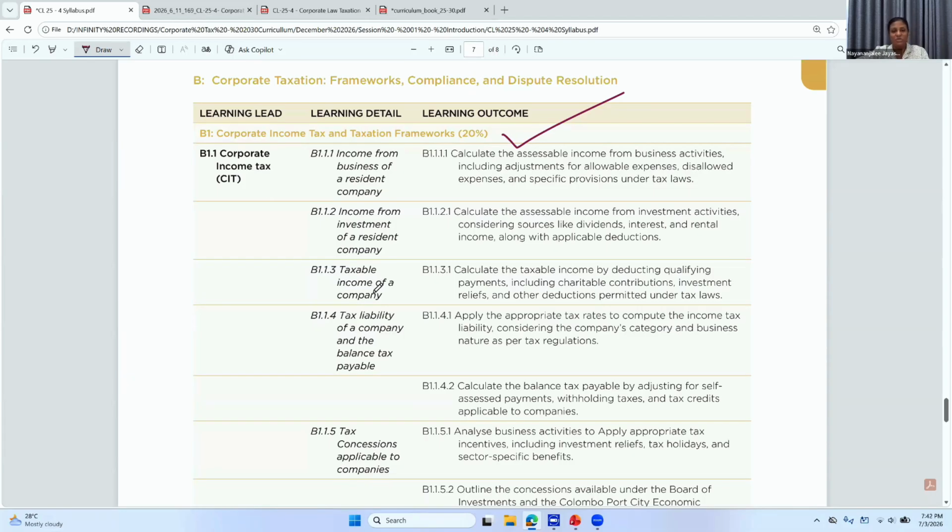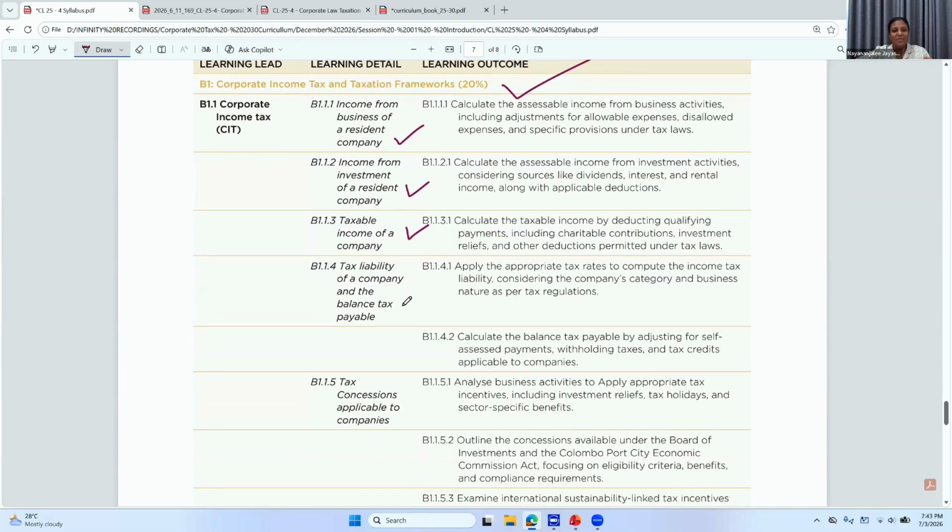In that, you have to learn income from business of a resident company, income from investment of a resident company, taxable income of a company, tax liability of a company, and balance tax payable. These are the first main four under this 20% area.